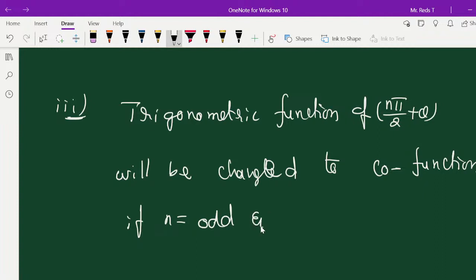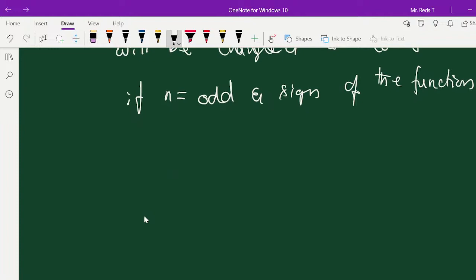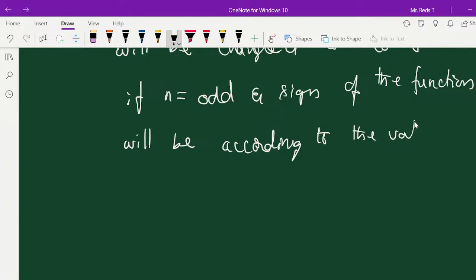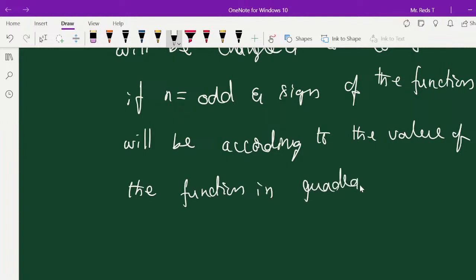And the sign of the trigonometric function will be according to the sign of that function in that quadrant.